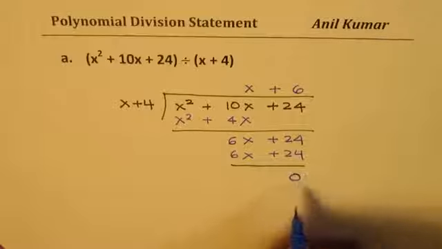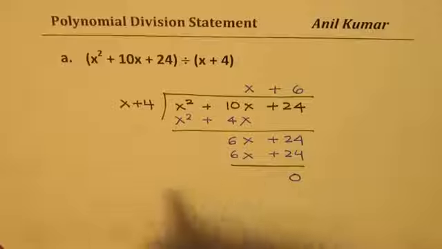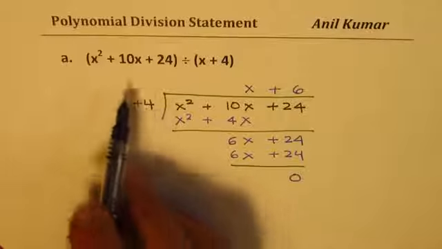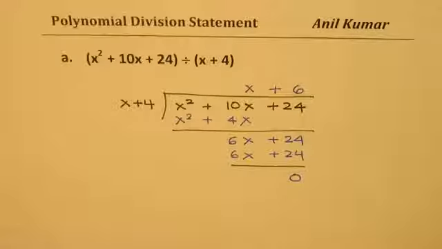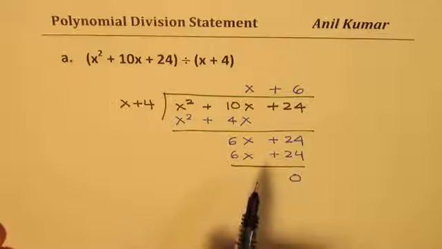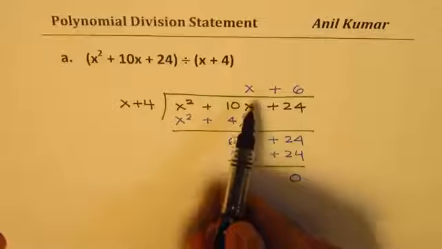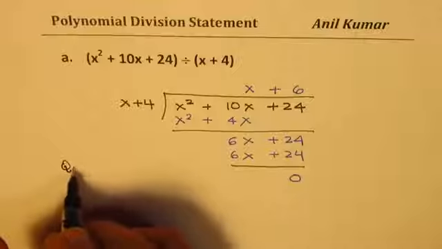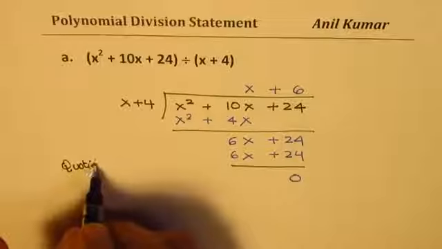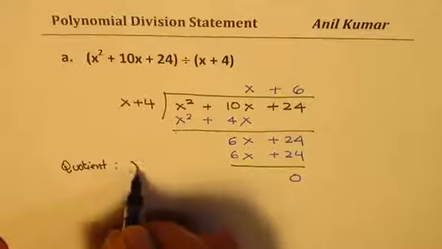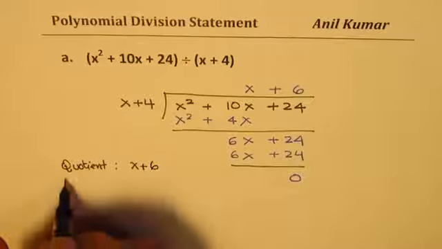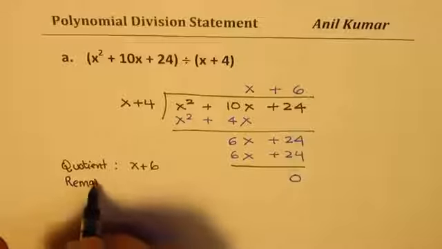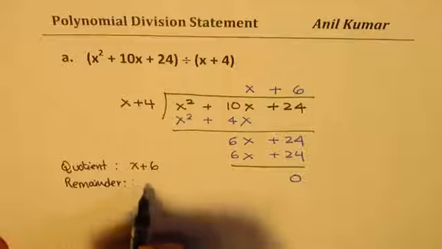So if the remainder is 0, we conclude that x plus 4 is a factor of x squared plus 10x plus 24, right? The question began with writing the quotient and the remainder. So in our case, the quotient q, let me write quotient, is x plus 6 and the remainder is 0.